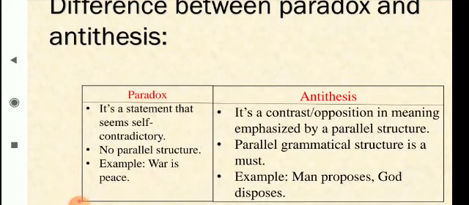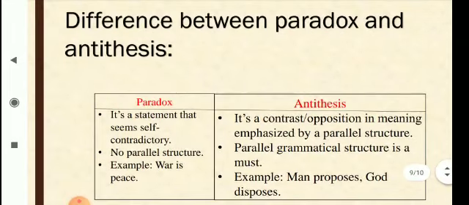War and peace are quite contrary, but there is no parallel structure. Therefore, we do not consider it as an antithesis. But when you say man proposes, God disposes, there is a parallel structure, opposite meanings, and therefore it's an example of antithesis.